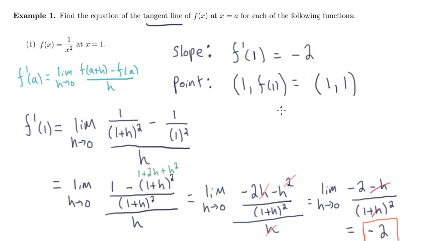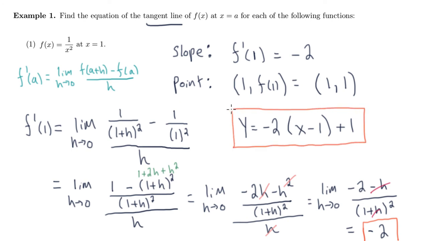Then I just use my point slope form. So it looks like I have y equals negative 2 times x minus 1 plus 1, or I think that ends up being negative 2x plus 3. But we'll just leave it like that for now, because that is the equation of the tangent line.